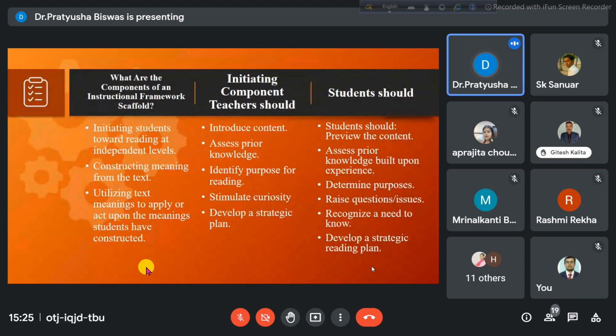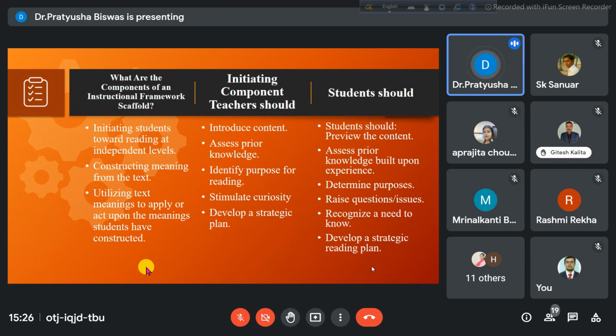Rote learning is something I am dead against, and in today's contemporary times, with so many changes in the curriculum approach and the NEP coming in, there is a very strong focus on children having open understanding of the content, and most importantly, being able to write it based on their understanding. That is something we must encourage.